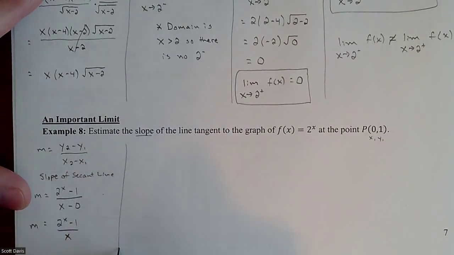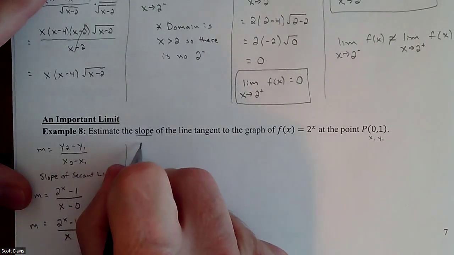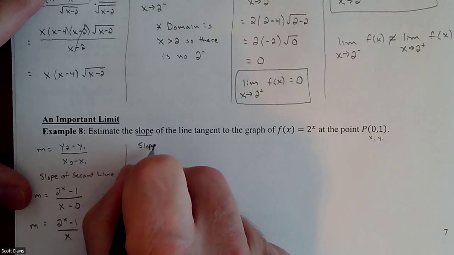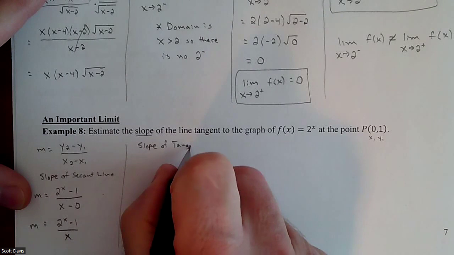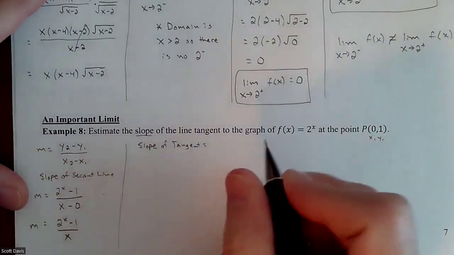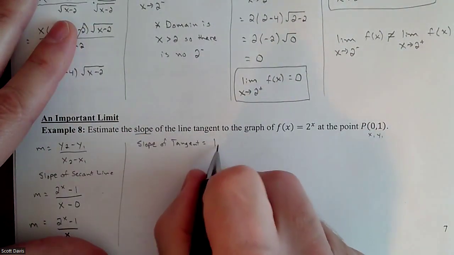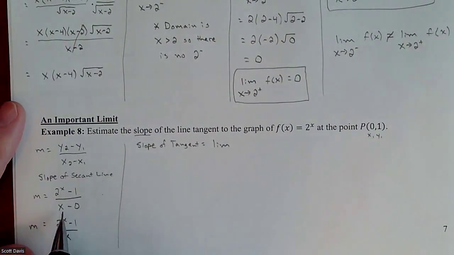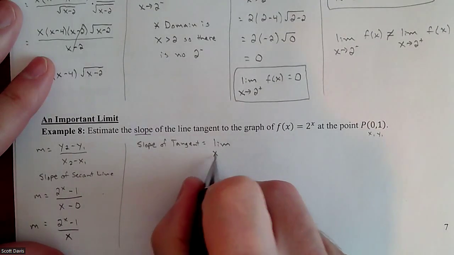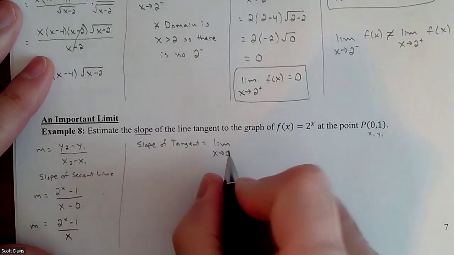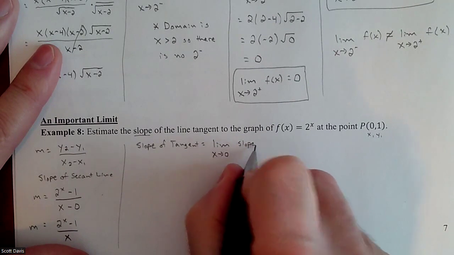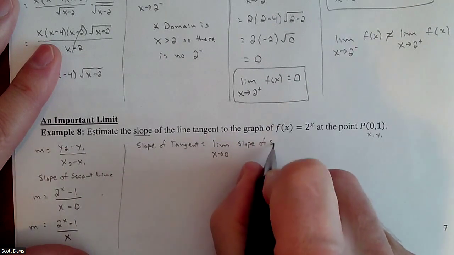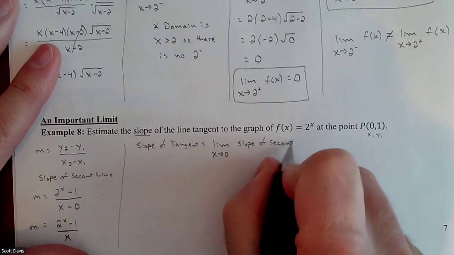But we're going to be doing the slope of the tangent line. And so remember, the slope of the tangent equals the limit as x approaches 0 of the slope of the secant.